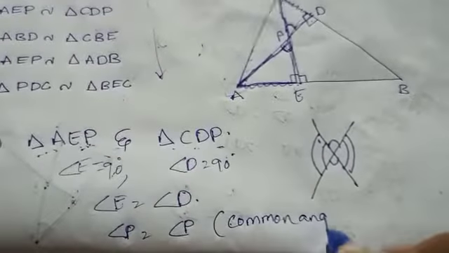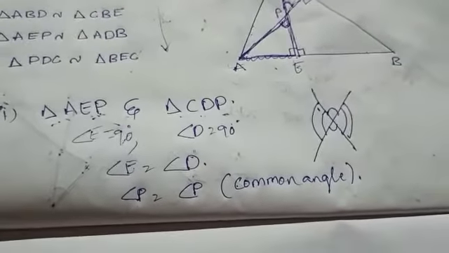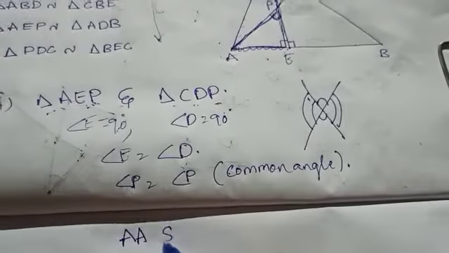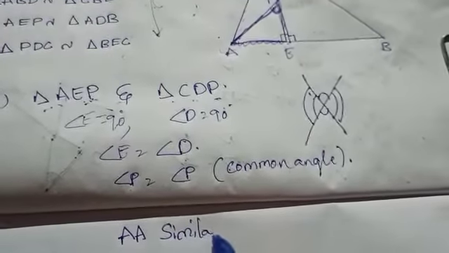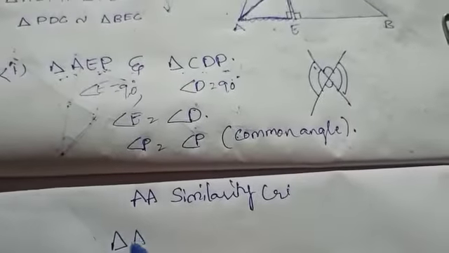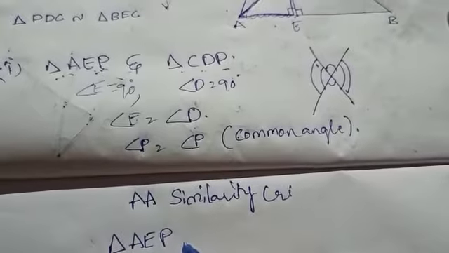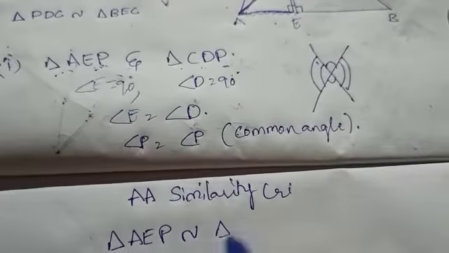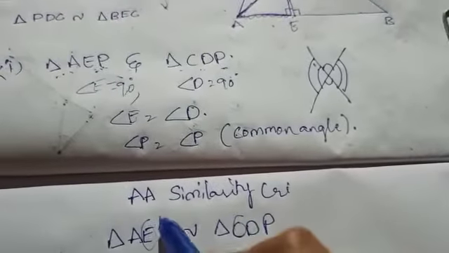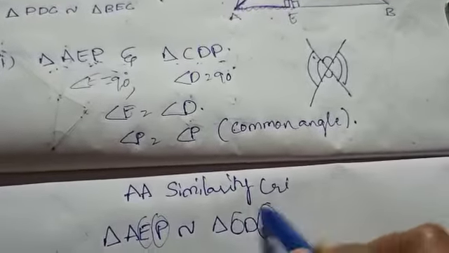Based on the angle similarity criteria, triangle AEP is similar to triangle CDP. Here E equals D and P equals P.